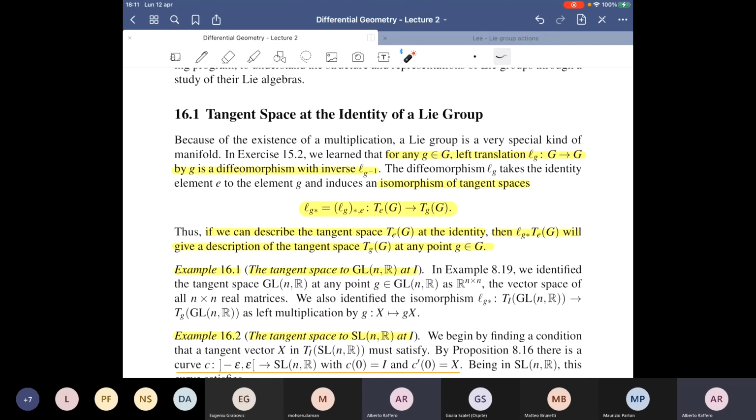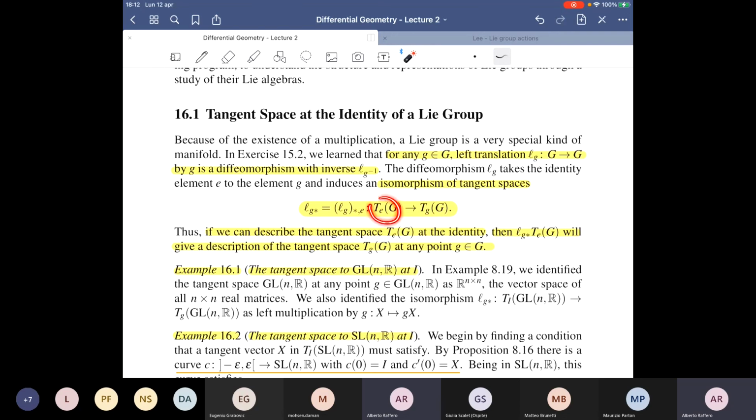As we said, left translation by an element of G is a diffeomorphism. So in particular, its differential is an isomorphism. Since this is a diffeomorphism, if you take the differential at the identity, it is an isomorphism between the tangent space of the Lie group at the identity and the tangent space of the Lie group at the element g.